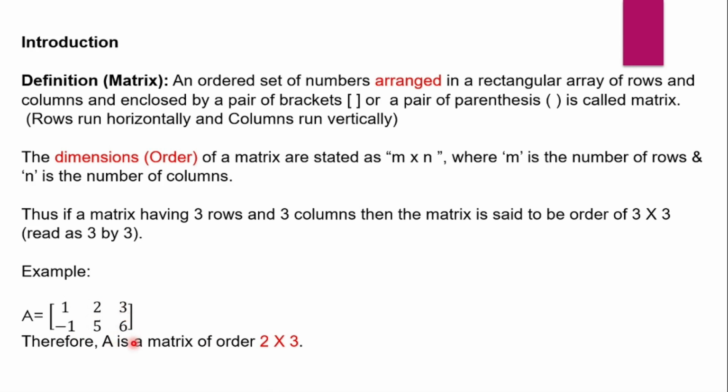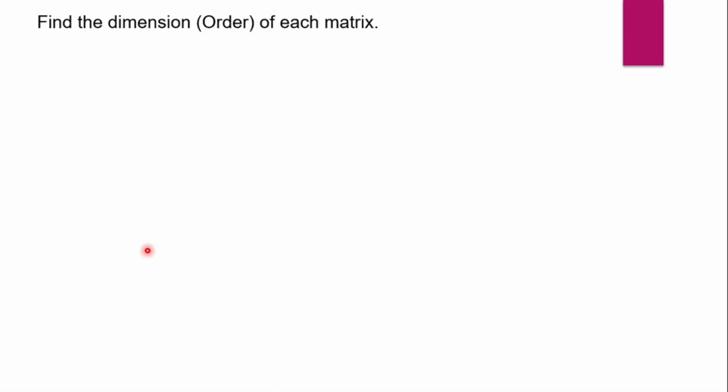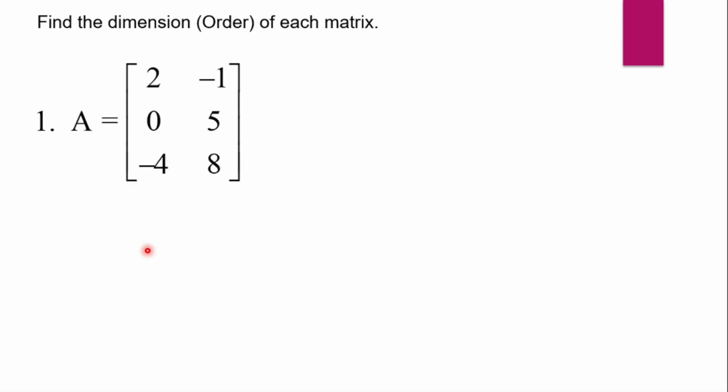Moving ahead, let's find the dimension of the matrices which are here in the slide. The first one is matrix A consisting of these elements. As you can see here, I have first row, second row and third row, and first and second column.